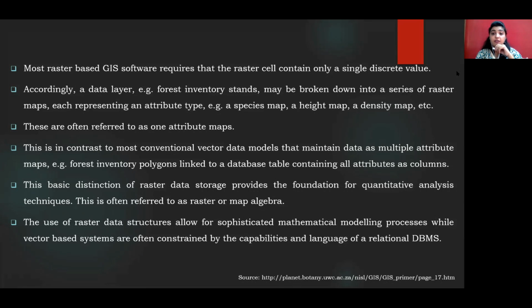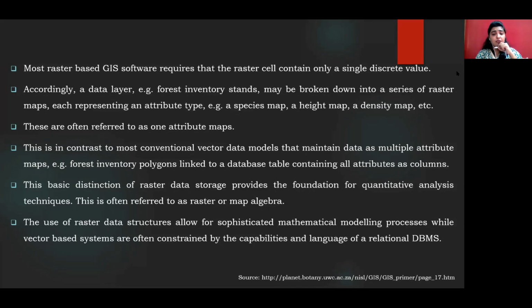Maybe in the center it is more dense, in the outskirts it's less dense. All that kind of layers of maps have to be constructed, or derived, from a raster map. So these are often referred to as one-attribute maps.